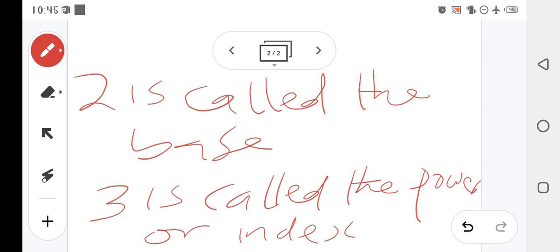So 2 is called the base, while 3 is called the power.